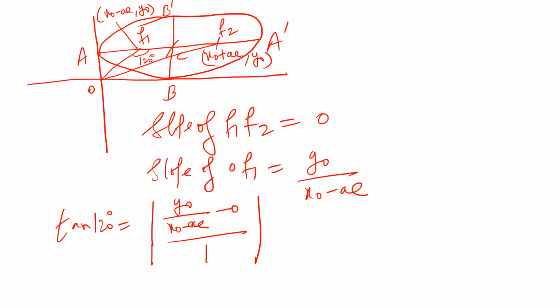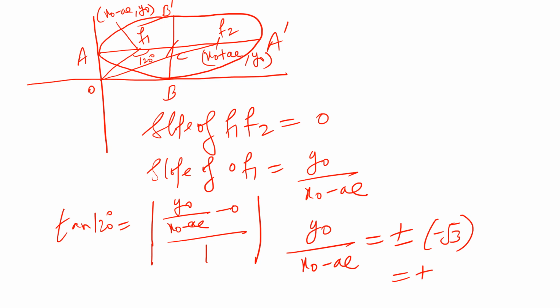So in short I can write y naught upon x naught minus ae equal to tan 120 degrees, with plus minus sign. So what is tan 120 degrees? It is minus root 3. Or we can just write this value as plus minus root 3, right?